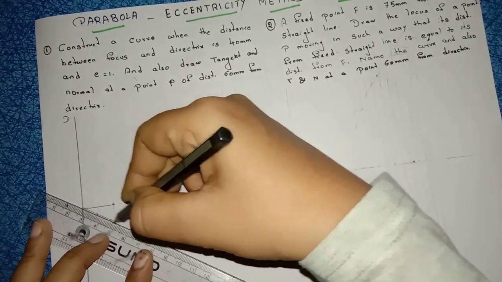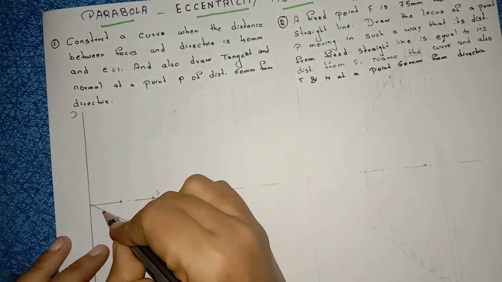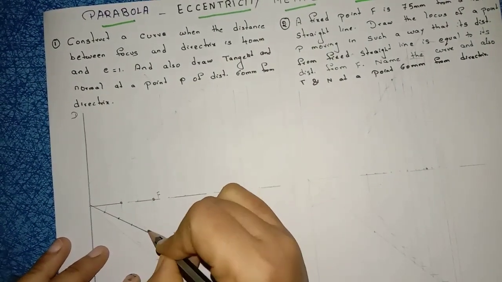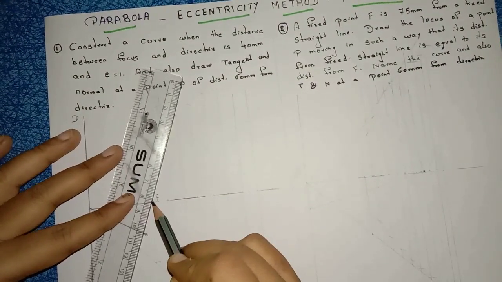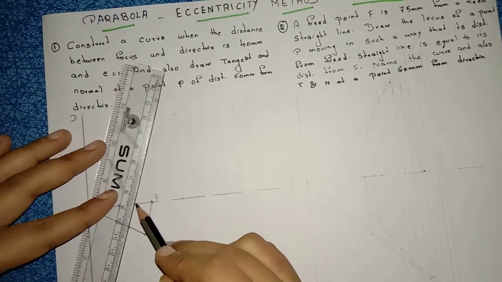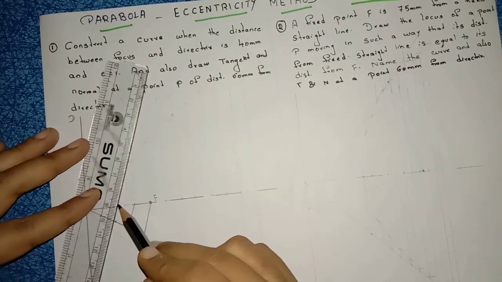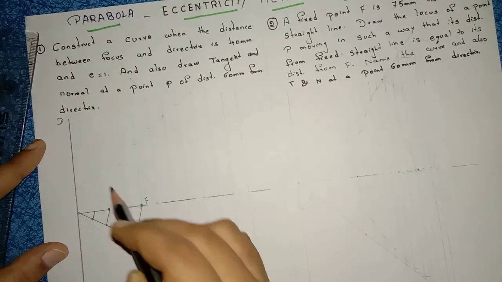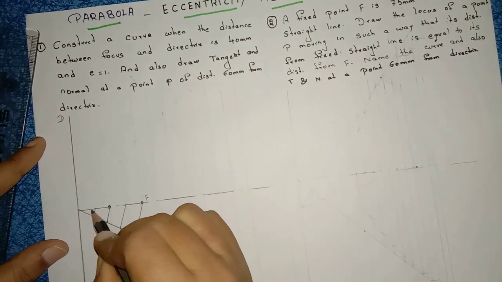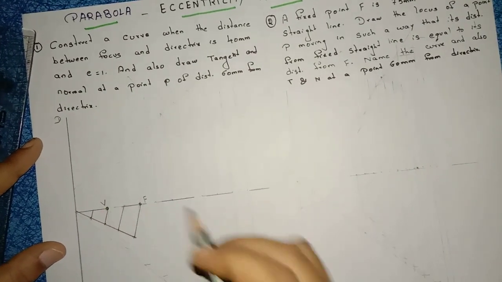Or dividing into 4 equal parts with the help of compass, joining the last arc to the end point, and drawing parallel lines. So the midpoint is this point, naming it as V.